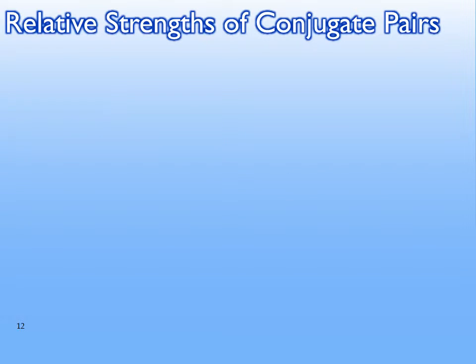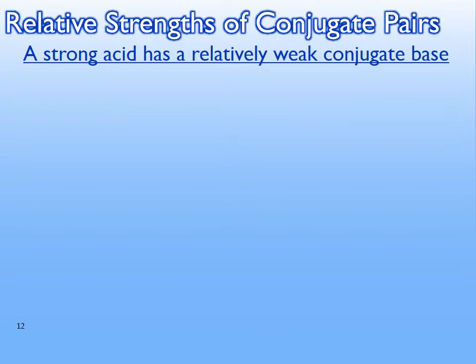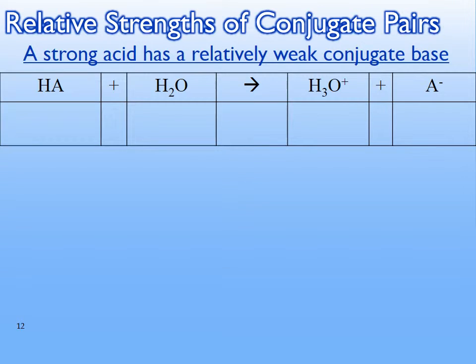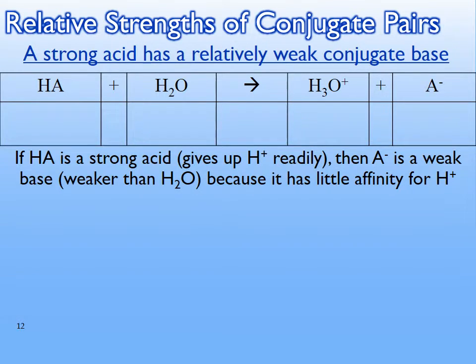Let's look now at the relative strengths of conjugate pairs. We say that a strong acid has a relatively weak conjugate base. Why? Alright, let's look at this hydrolysis reaction between a generic HA acid and water. Now, if HA is a strong acid, it means that it gives up hydrogen ion readily.